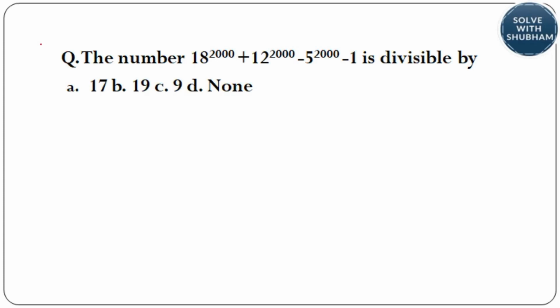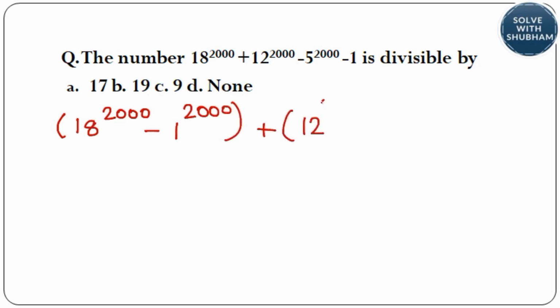So you see 18 minus 1 will come as 17, 12 plus 5 would come as 17. So can we write it as 18 power 2000 minus 1 power 2000 plus 12 power 2000 minus 5 power 2000.